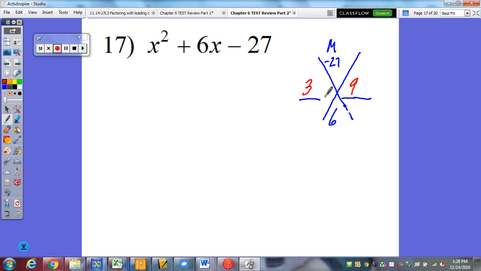But we got to look here. One of them has to be negative so that when I multiply them, I get a negative 27. So we're going to pick the negative 3 because negative 3 plus 9 gives me a positive 6. So we have x minus 3, x plus 9.